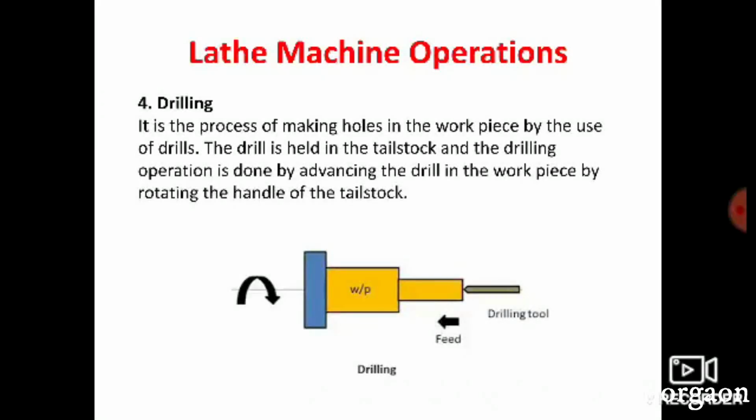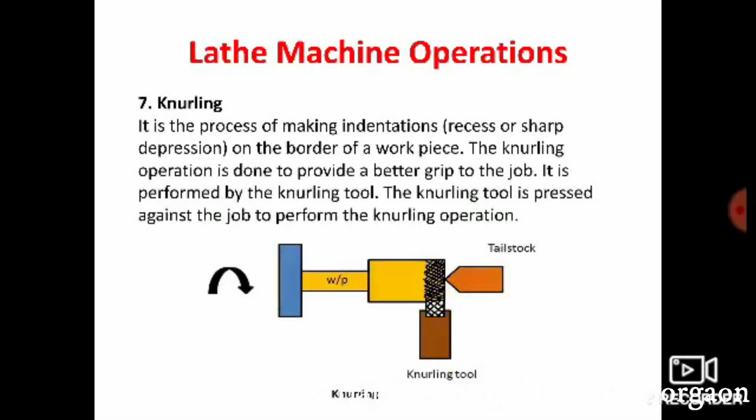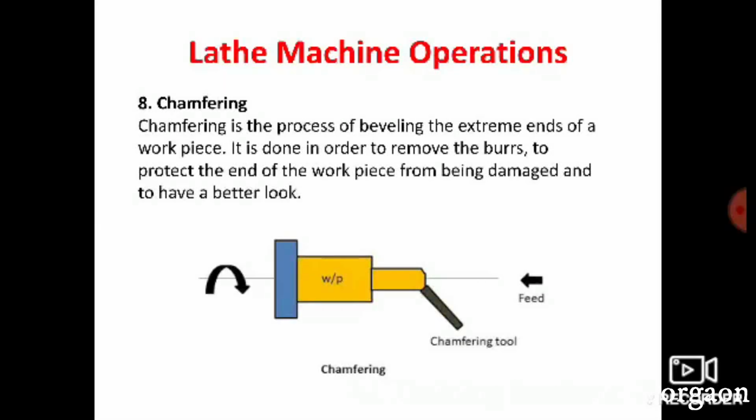Then drilling, a method of producing holes inside the object. After that, knurling. A special knurling tool is used to generate a pattern over the workpiece for a proper grip. Then chamfering, to remove the sharp edges of the workpiece, we can use a chamfering tool.